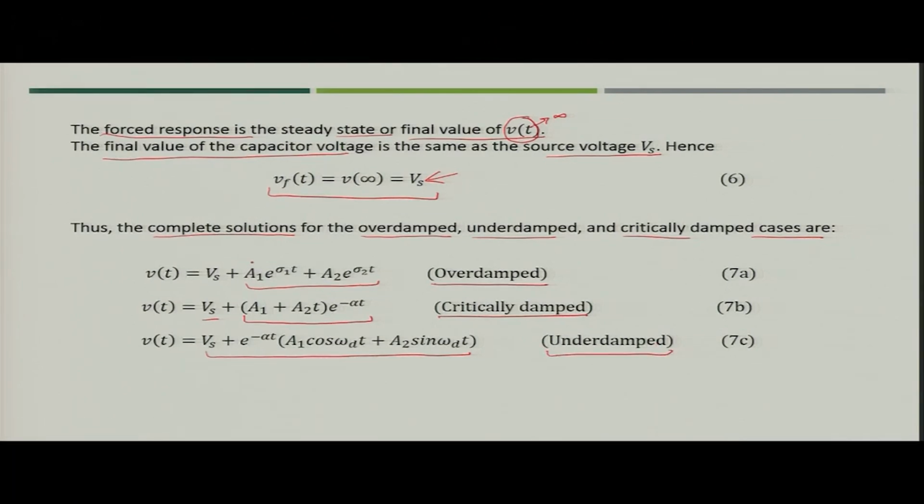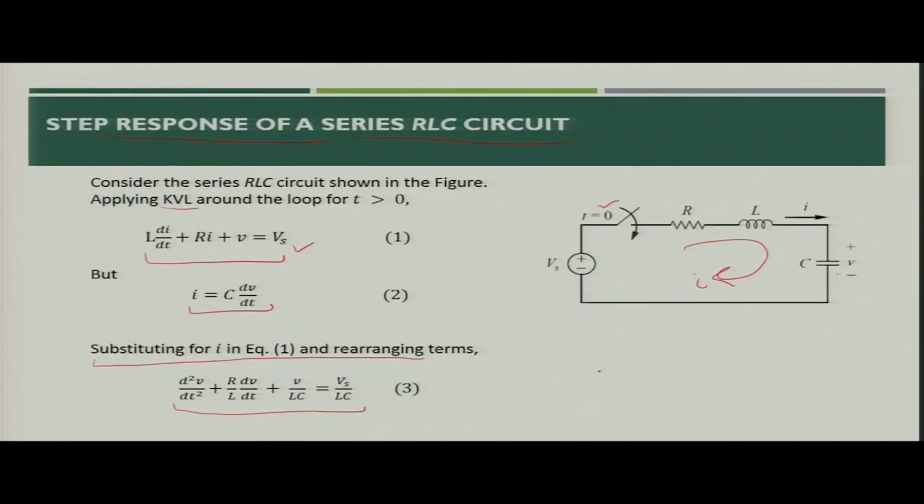Now, what is left is the value of parameters A1 and A2. These values we can calculate with the help of initial conditions, which we assume that at time t equal to 0, we have voltage V0 and current which is flowing through inductor is I0.